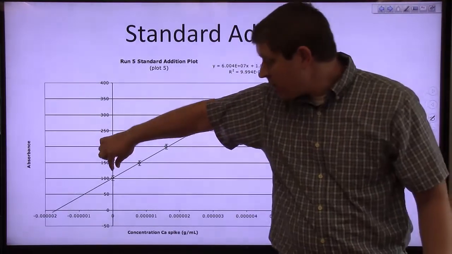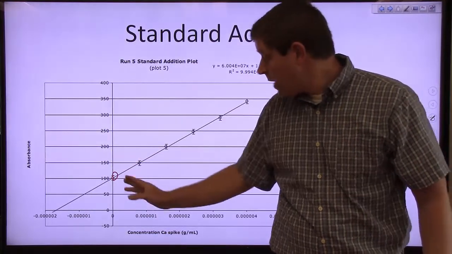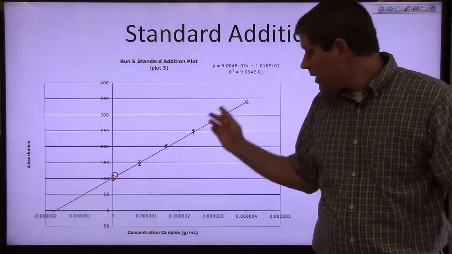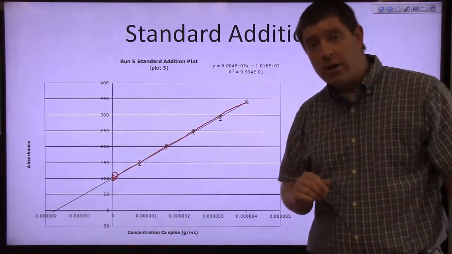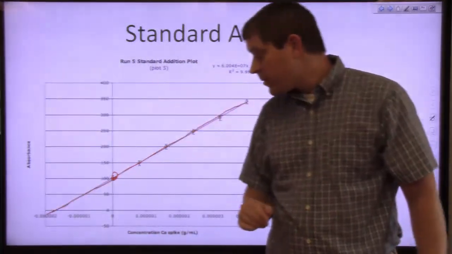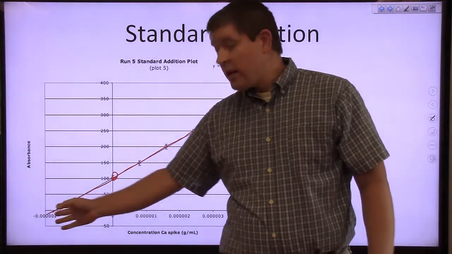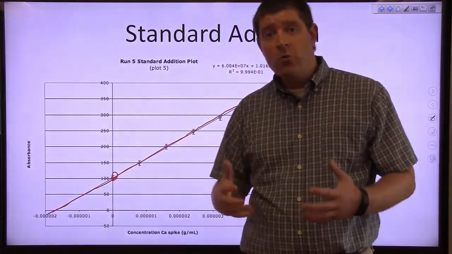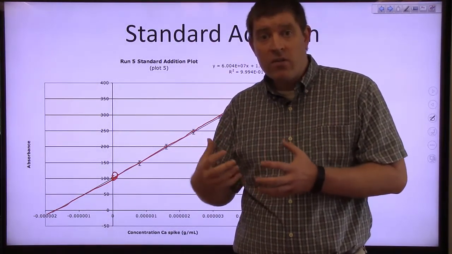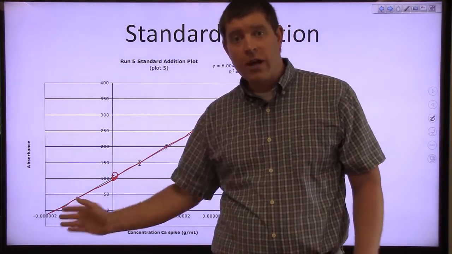So you take one data point here, where you haven't added any of your standard, and then you take a number of data points where you add successive amounts of your standard, and if we then get this nice linear curve, then we can simply extrapolate backwards and figure out where this curve intersects the x-axis. That then, it's going to give you a negative value. That's essentially how much would we have to remove from our initial sample with no standard added. How much of our analyte would we have to remove to get our signal down to 0?